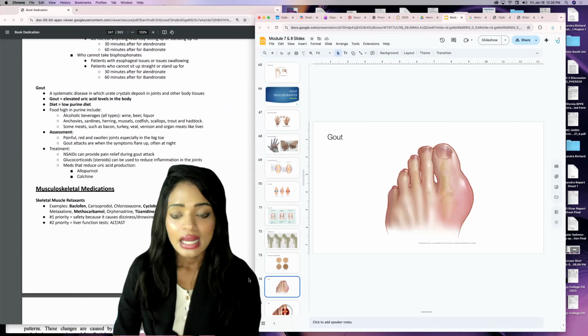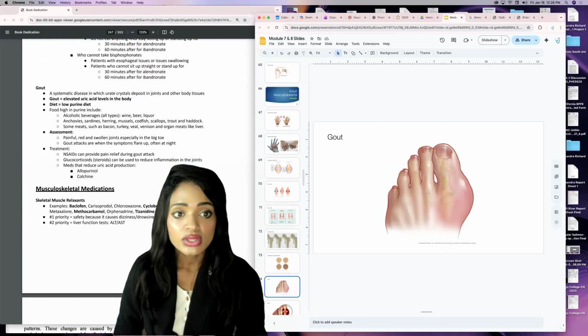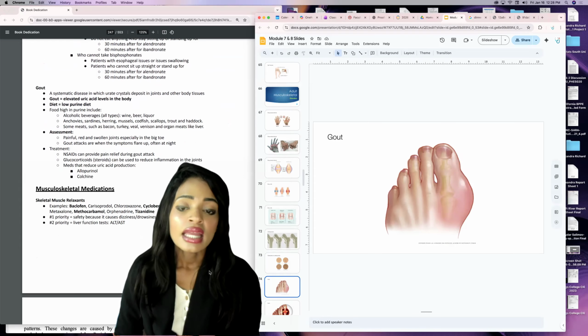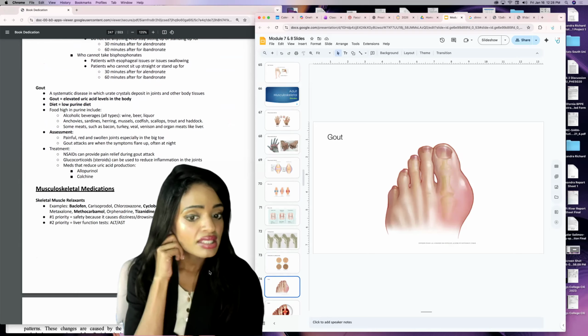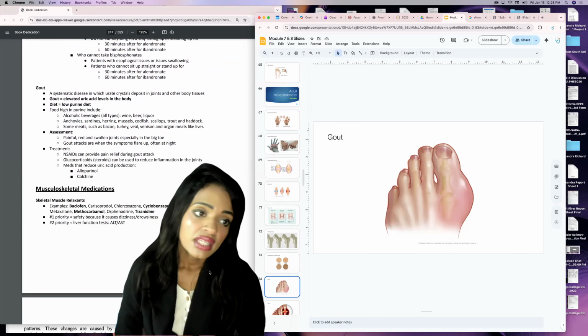Next up is gout. Gout is a systemic disease in which uric acid crystals deposit in the joints and other body tissues. So basically, gout is caused by elevated uric acid levels in the body. And the diet they need to follow, this is what you need to memorize, is a low purine diet. So what foods do they need to avoid?